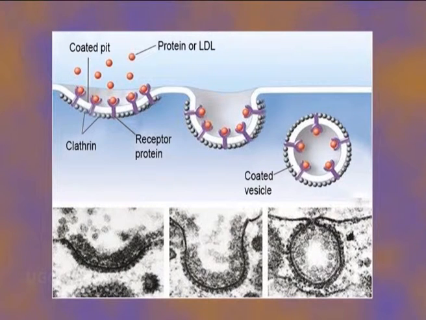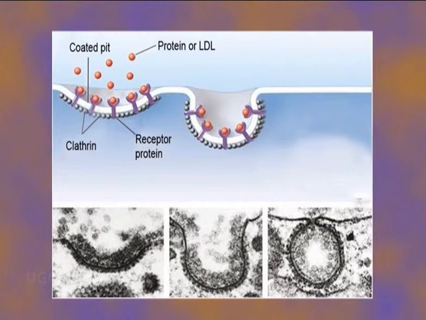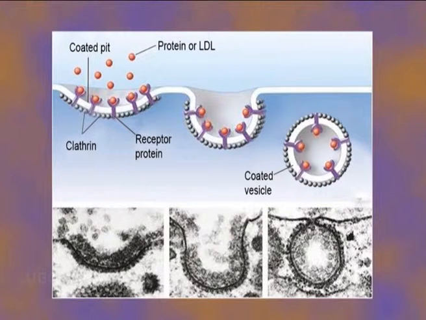The membrane then invaginates, forming a depression around a number of these receptors. The molecules that have bound are known as ligands. The membrane then pinches off a small sac containing the receptor ligand complexes into the cytoplasm. Low density lipoprotein particles taken into the cell in this fashion contain cholesterol and fatty acids for membranes.